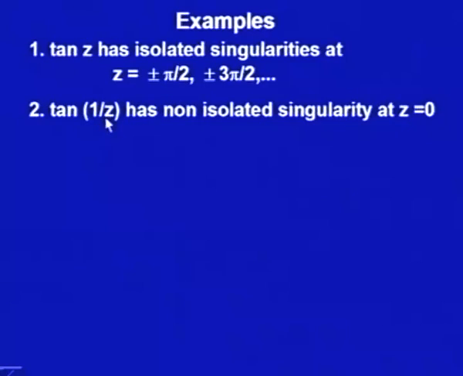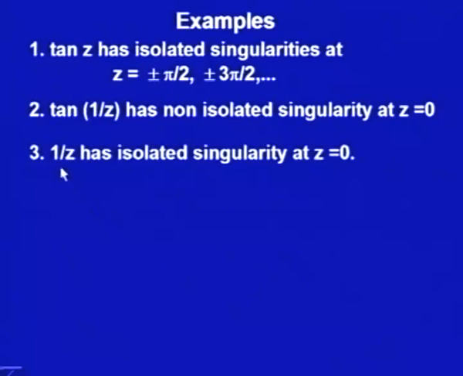So I can always find many points in a small neighborhood of 0 such that tan(1/z) is not analytic at those points, or tan(1/z) has singularities at those points. So tan(1/z) has a non-isolated singularity at z equal to 0.